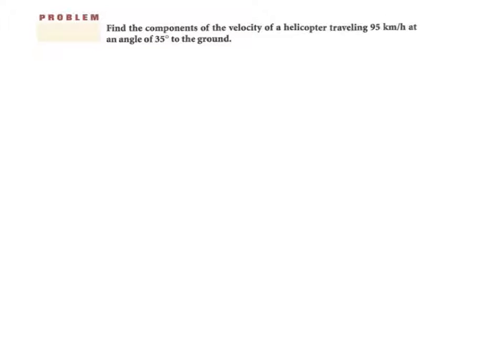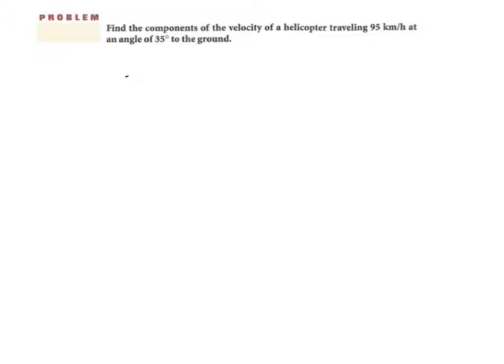All right, so let's try this practice problem. This is from your book, page 91, so if you want to look in your book, you can follow along. It says, find the components of the velocity of a helicopter traveling 95 kilometers per hour at an angle of 35 degrees to the ground. I'm first going to draw my picture.